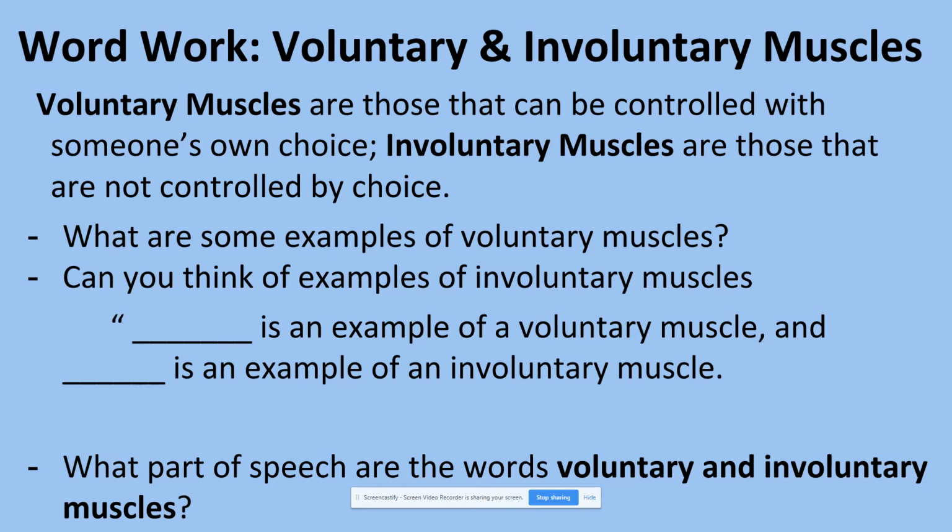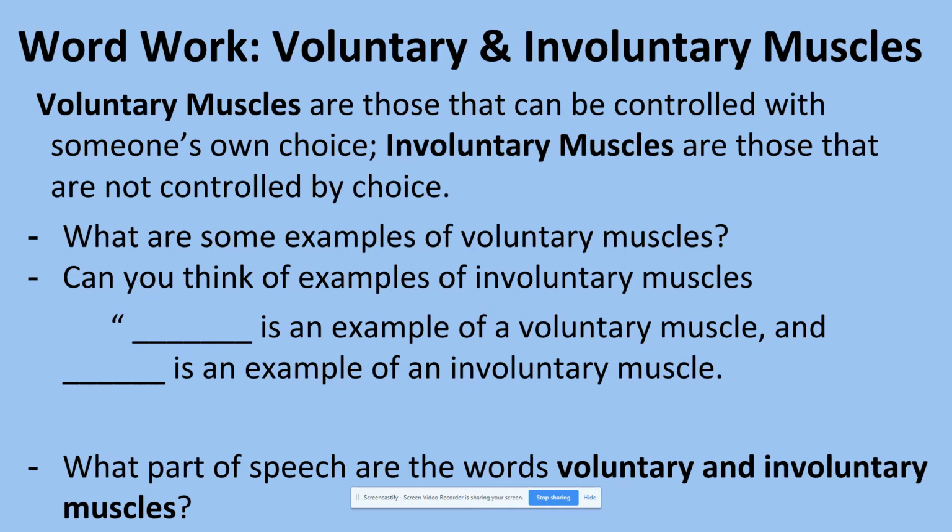You also heard that cardiac muscle is an involuntary muscle, meaning that you do not control its movement. So say these words to yourself: voluntary muscle, involuntary muscle. So let's look at the difference.